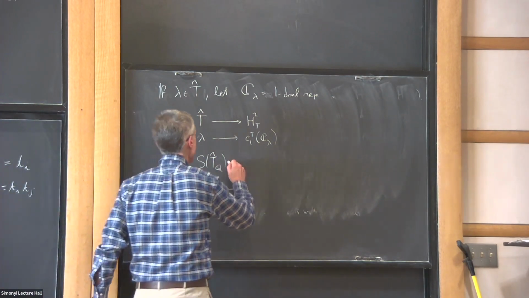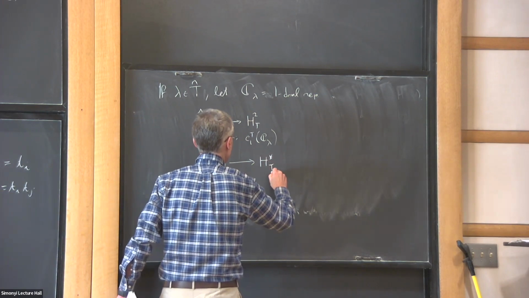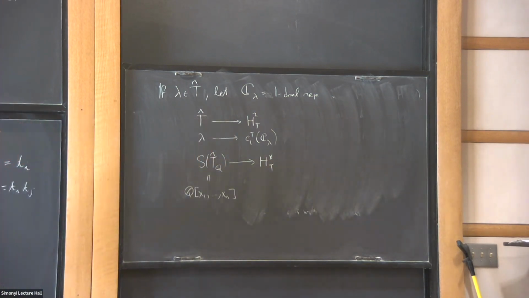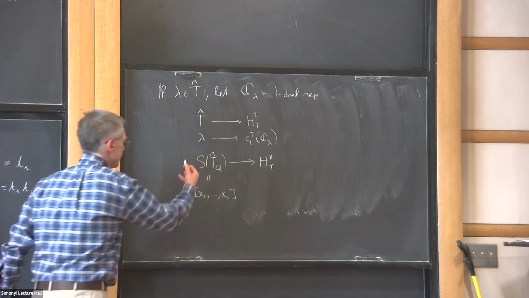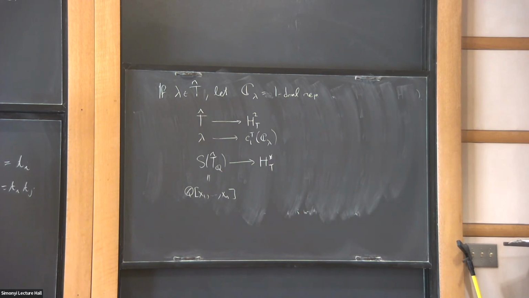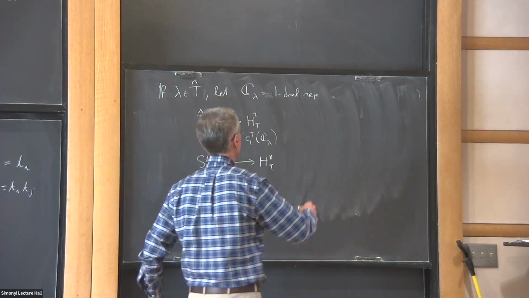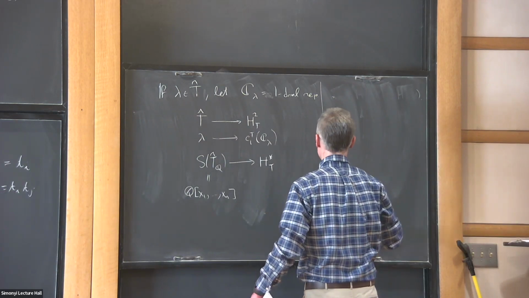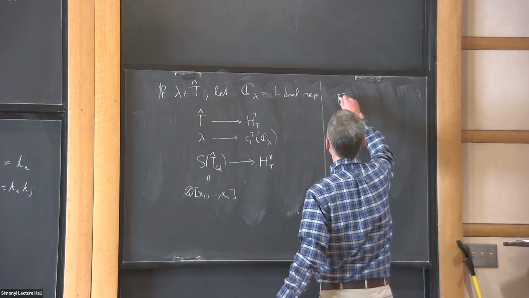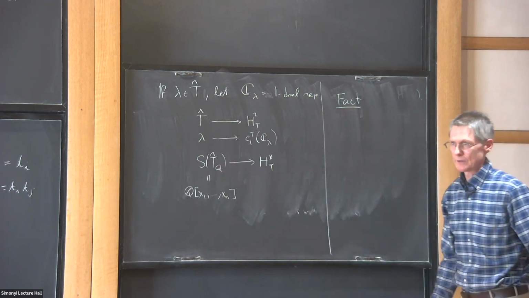This extends to a map into the equivariant cohomology of a point, because each of these x_i's is in H^2, so I just make it multiplicative. And then the key fact is that this map is an isomorphism.